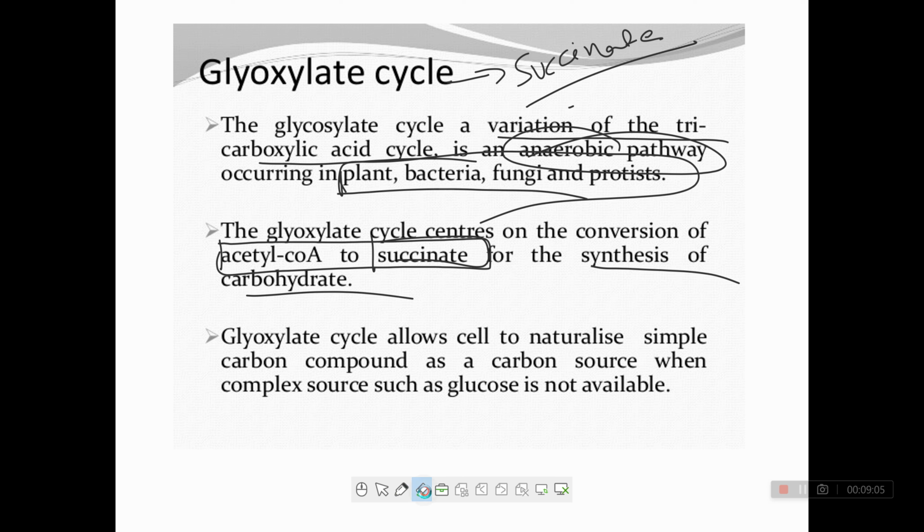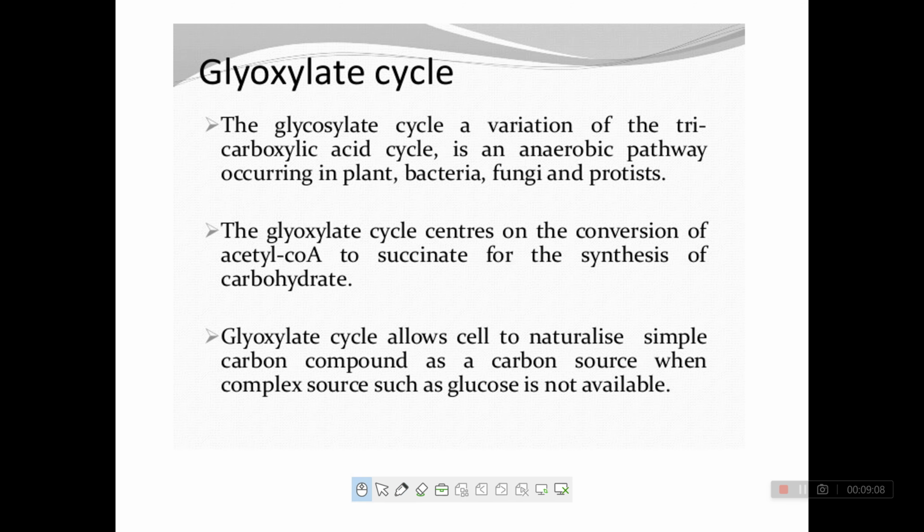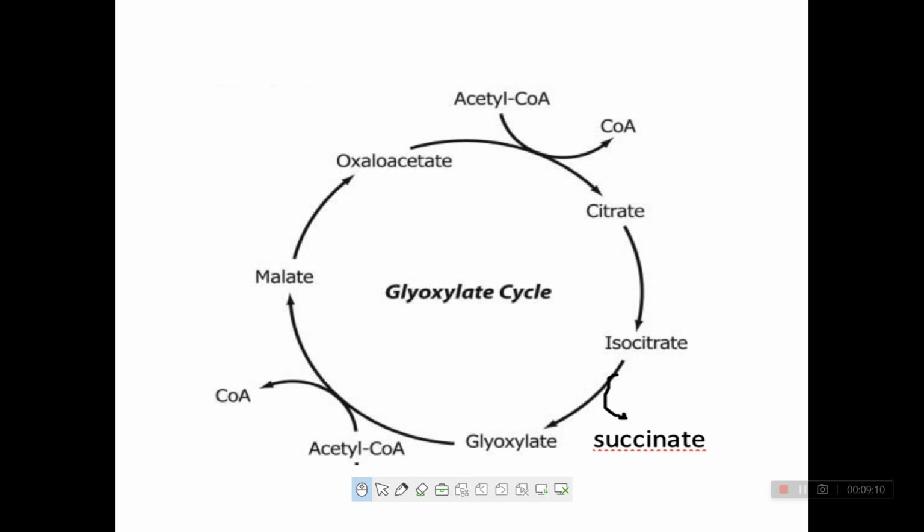Okay, clear? In which organism the glyoxylate pathway takes place, under what condition it takes place, and what the final products of the glyoxylate cycle are. Clear all this?